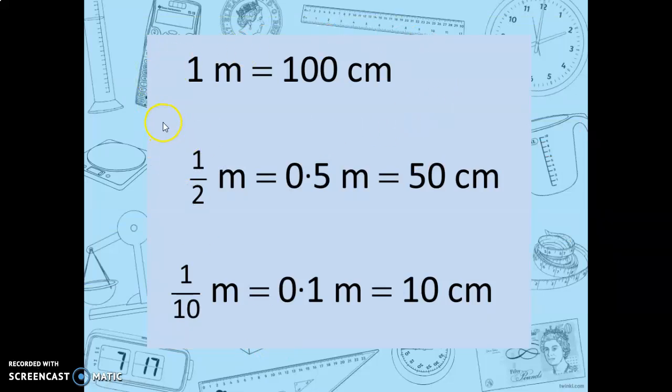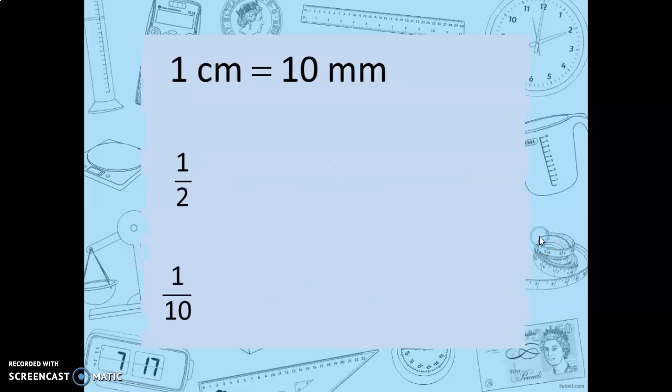Observe this. 1 meter is the same as 100 centimeters. Then half a meter is the same as 0.5 meter is the same as 50 centimeters. 1/10 meter is the same as 0.1 meters is the same as 10 centimeters. Observe this as well.